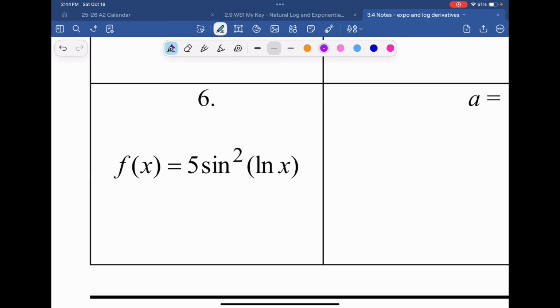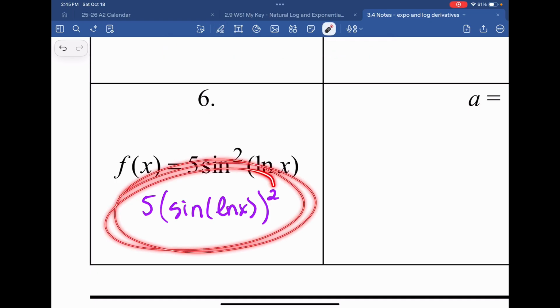Last one on this page, and before we go straight to the calculator on this one, to rewrite this, what's being squared is sine. The sine of the ln of x, double parentheses there, squared. So this is how you would enter it in the calculator.